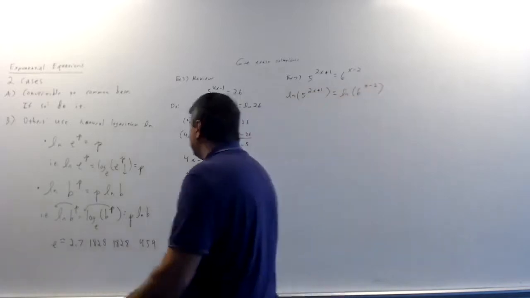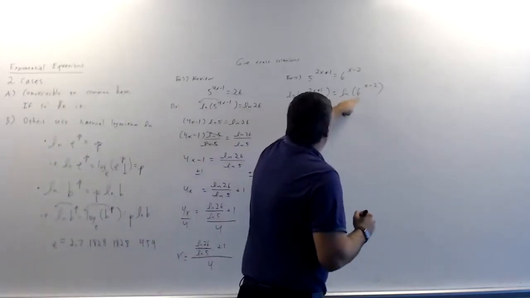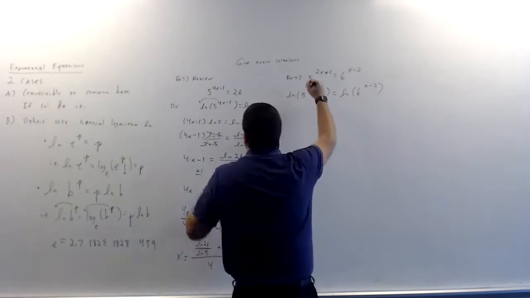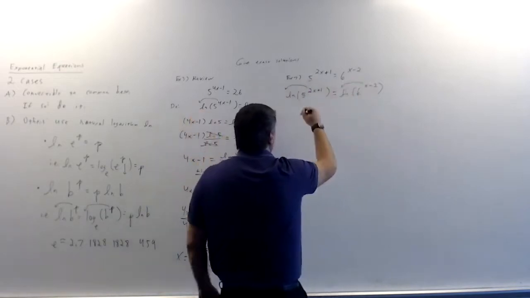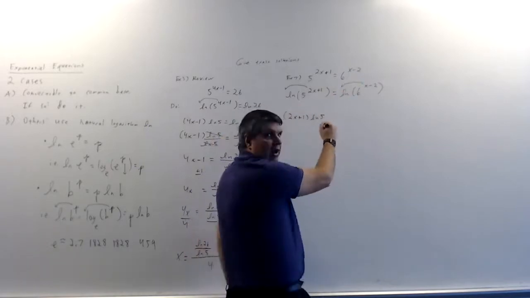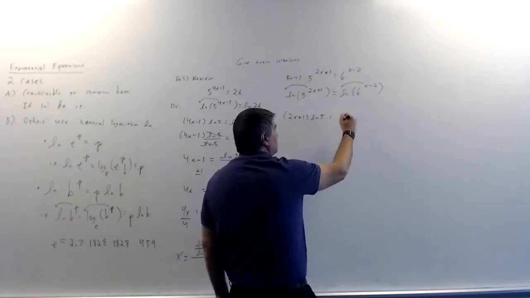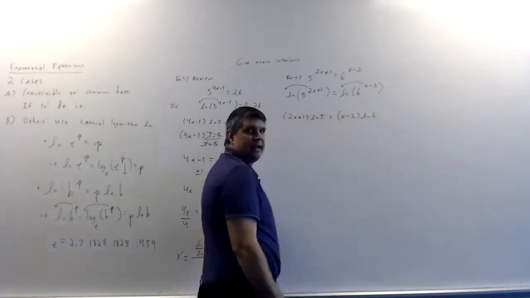Since this is a base other than e, as well, and ditto this one, we're going to take the exponents to the front just like we did before. So that's going to be 2x plus 1, natural log of 5, equals x minus 2, natural log of 6.